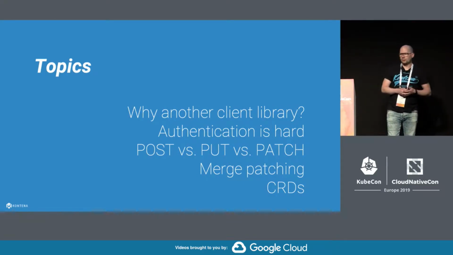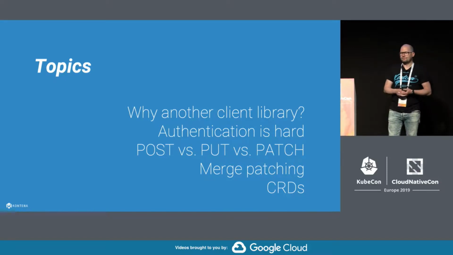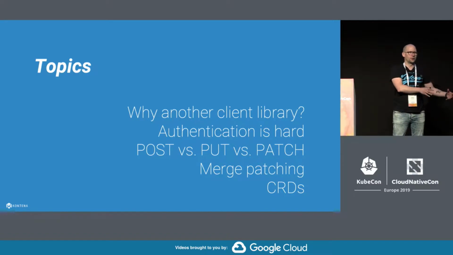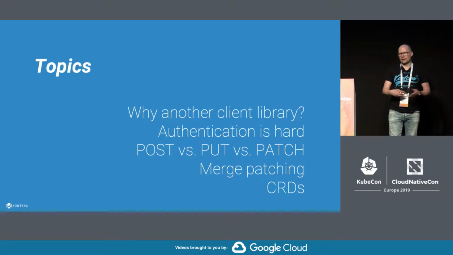I'm going to start by going through a bit of the background on why we actually started to build a new client library for Kubernetes. We'll go through some authentication bits, purely from the client point of view, and how it's a lot harder than it seems at first glance.